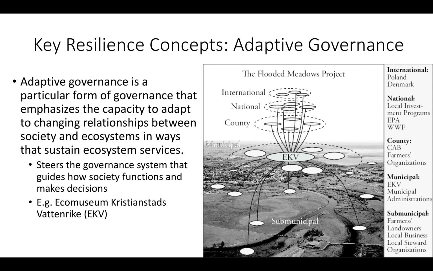A really key component is thinking about networks, thinking about connections between multiple levels of governance. An adaptive governance system steers or guides how society functions and makes decisions.